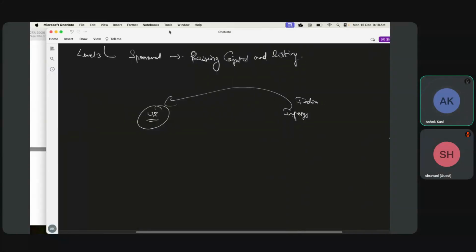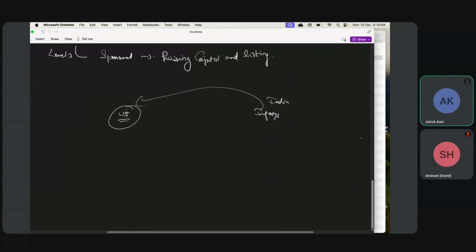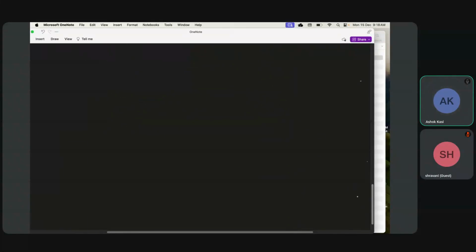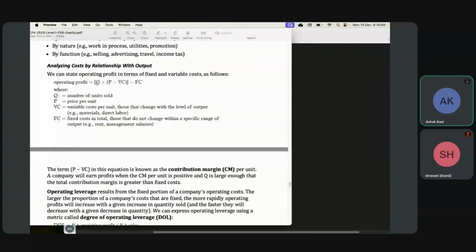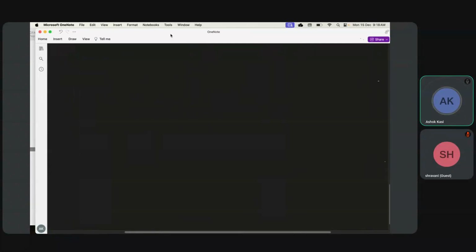So this one, the formula, is called leverage. So operating leverage and financial leverage are there. Here the formula is revenue or sales minus cost of goods sold will give you contribution.